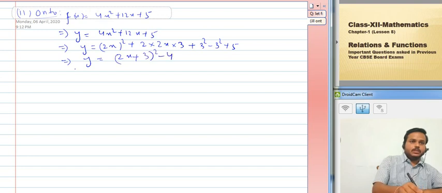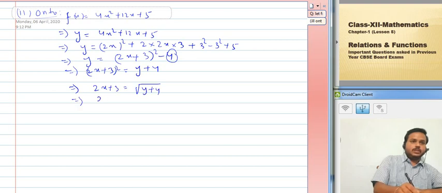This 4 will go to the other side, so y plus 4 equals (2x plus 3) whole square, and I get 2x plus 3 equals root of y plus 4. Then 2x is root of y plus 4 minus 3, and x is (root of y plus 4 minus 3) whole divided by 2.